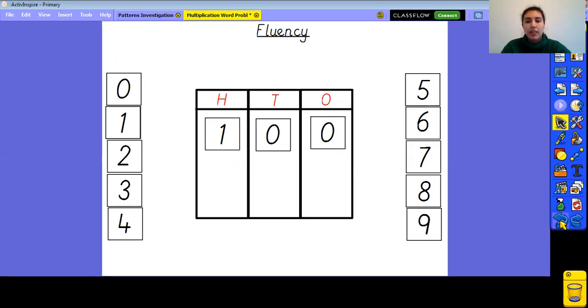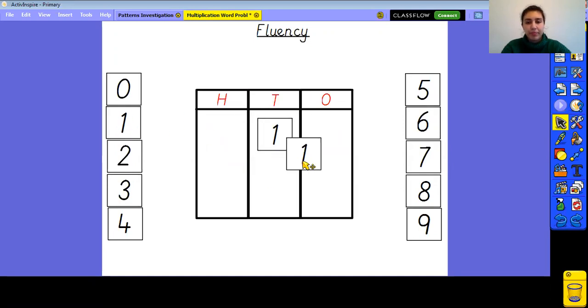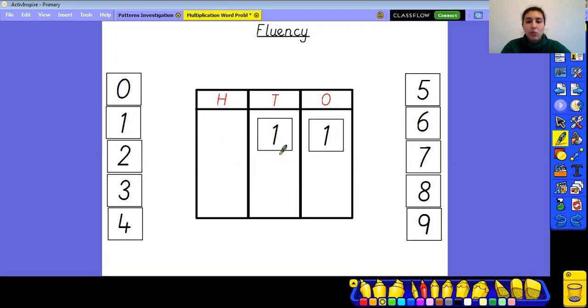Let's try that with the number 11. So if I times 11 by 10, then both of these digits have to move into their next column. So this 1 is going to move into the hundreds column, and this 1 is going to move into the tens column.